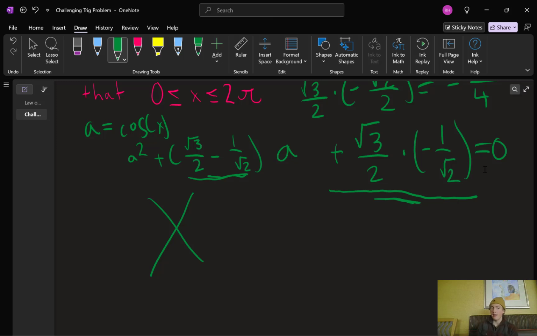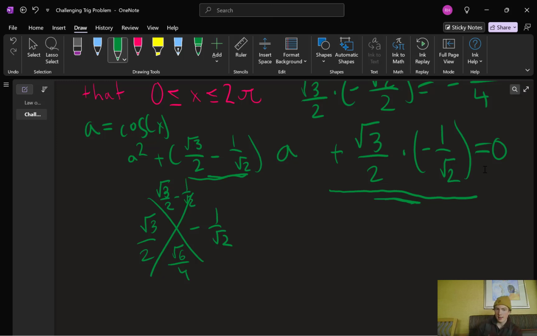Easily enough, it's just these two values: square root 3 over 2 and negative 1 over square root 2. They multiply to square root 6 over 4, negative, and they add to square root 3 over 2 minus 1 over square root 2.